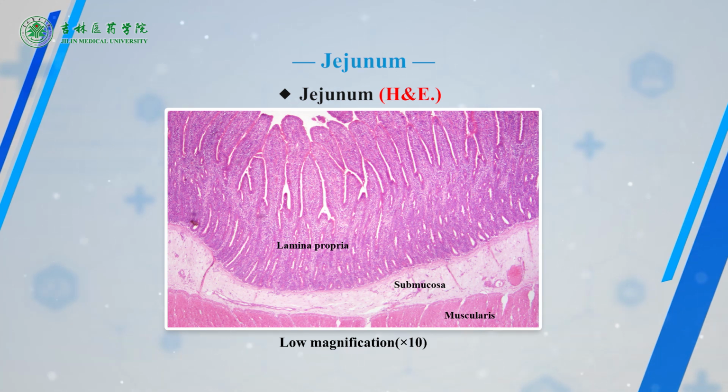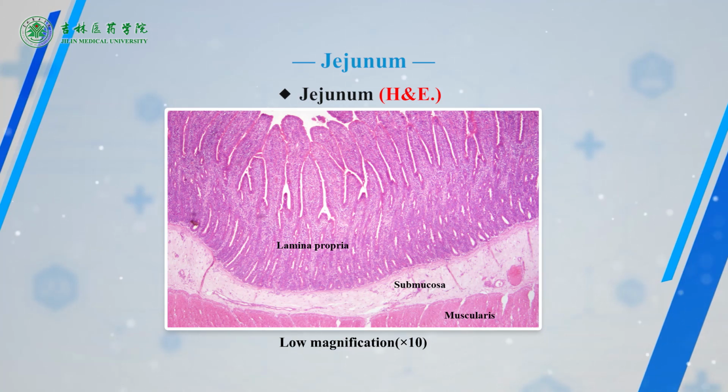Many thin strips on the surface are called villi, which are often stained purplish red. This side is the mucosa layer. The light red part below is the submucosa, and the dark red part is the muscularis, and the outermost part is serosa.